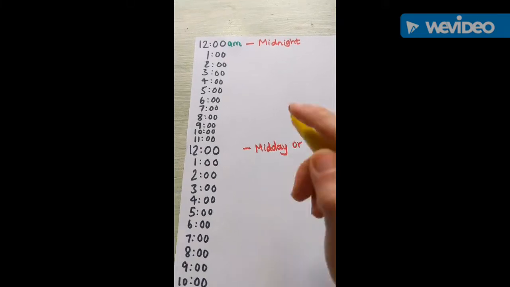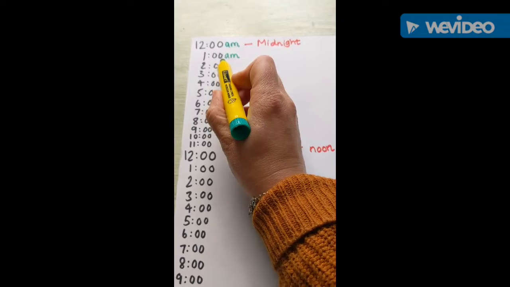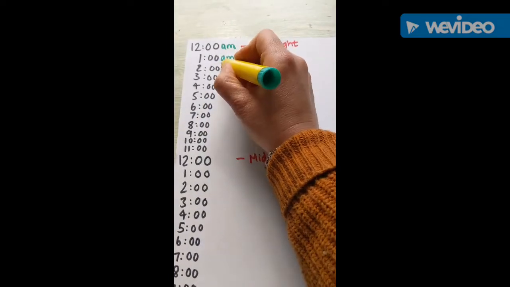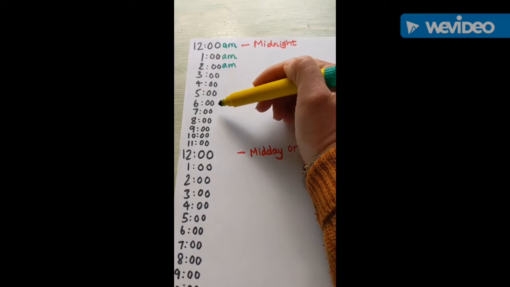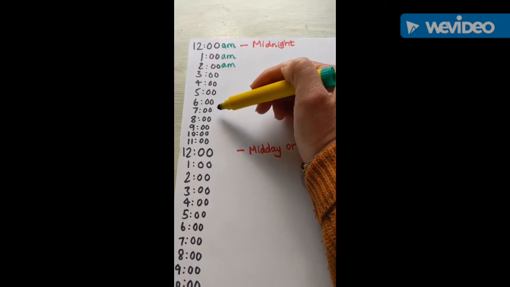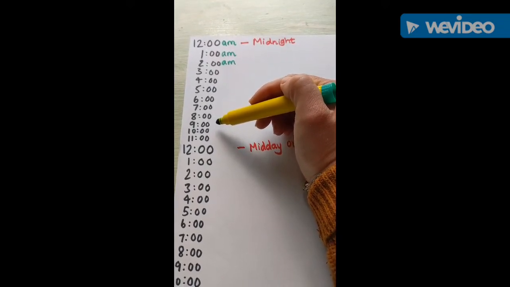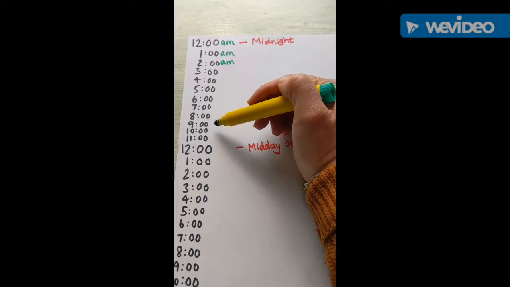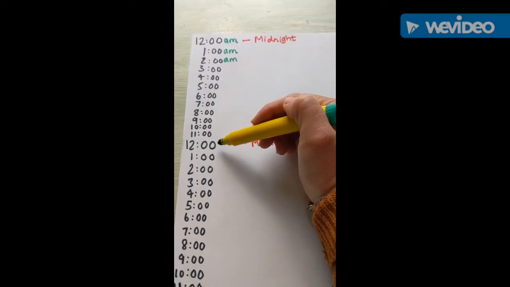And then we go to our 1 o'clock AM, again when you would normally be asleep, 2 o'clock AM, and so on until you come to about 7 AM when maybe you'd be waking up, 9 o'clock AM when maybe you'd be at school. 12 o'clock, however, is when it changes.